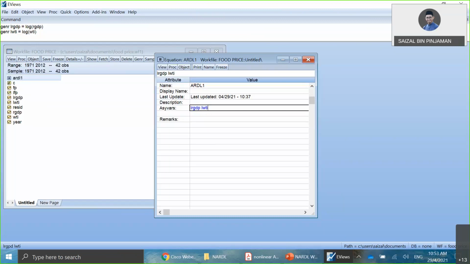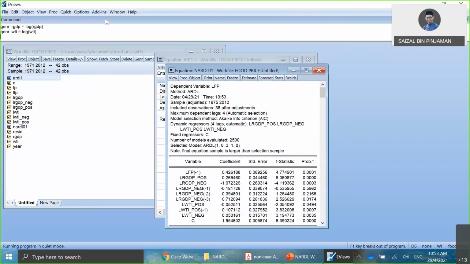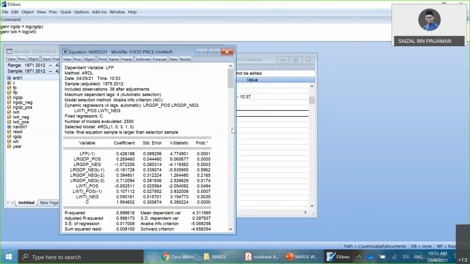Otherwise, you may receive a notification saying that you have errors in the estimation. So let us run the add-ins again. Hopefully this time it is okay. We click add-ins, and make nonlinear ARDL model. So here we have the NARDL model.